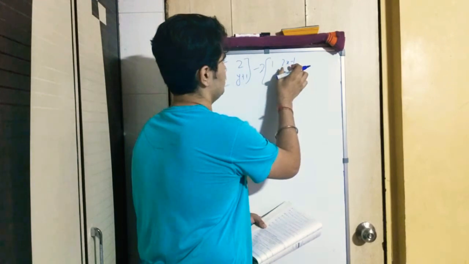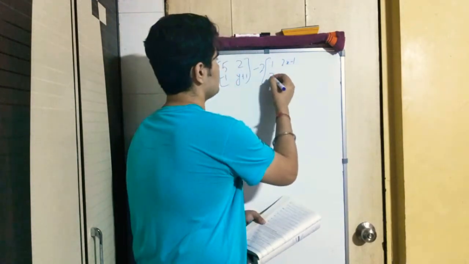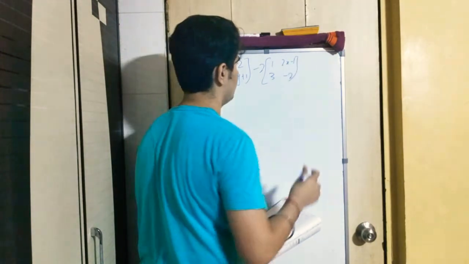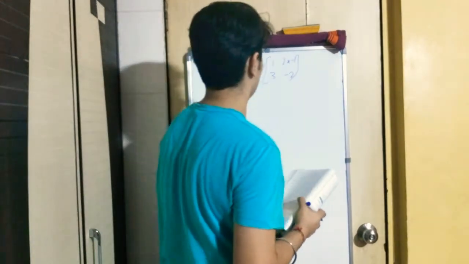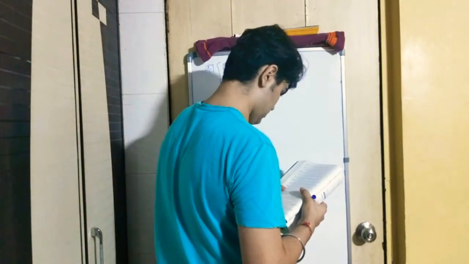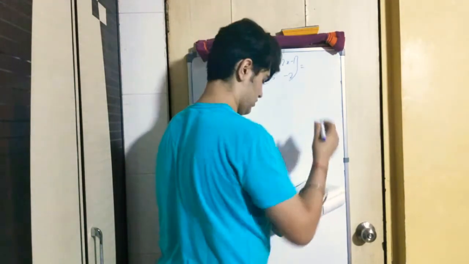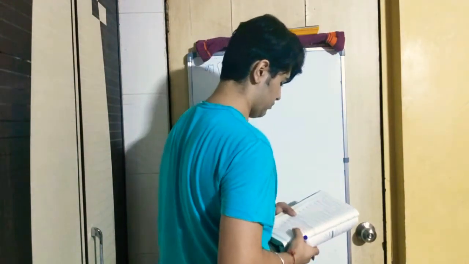This is a single term, not mixed with this. This is a single term. Today my voice is a bit low because I have a rough throat. It is equal to 3, minus 8, minus 7, 2.